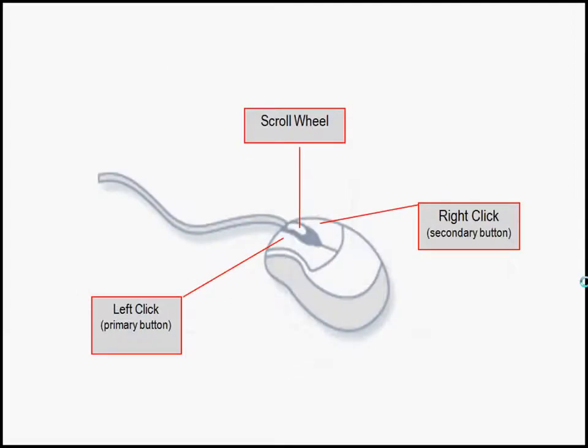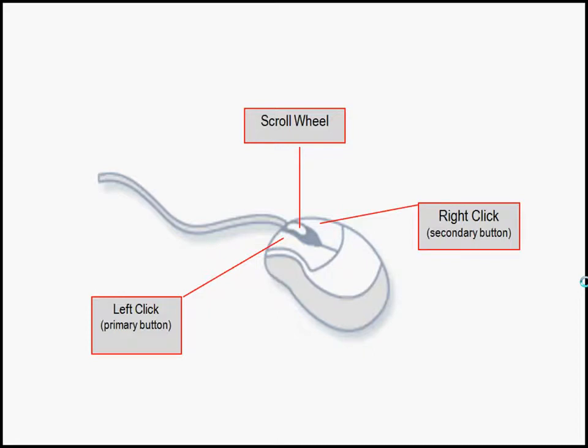The mouse is usually connected with a wire to the computer, although these days wireless mice are becoming more and more common. They work the same way, but with a wireless mouse, you just got to make sure you got it pointed the right direction. When it is pointed the right direction, the side facing the computer or away from you is going to have 2 buttons, one on the left side, one on the right side.